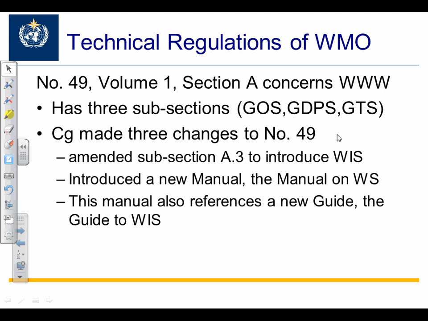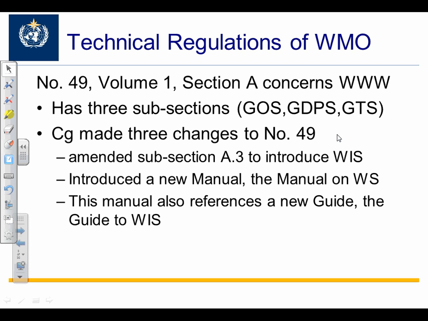You know that the 4 volumes of the WMO technical regulations are supplemented by annexes that have the same status as the technical regulations themselves. And these annexes are called manuals, and the manual on the GTS, the WMO number 386, is an example of that.